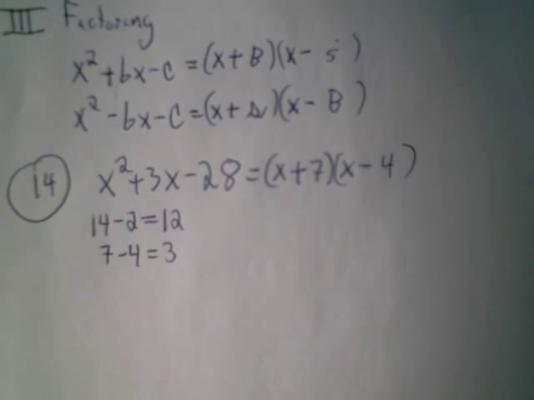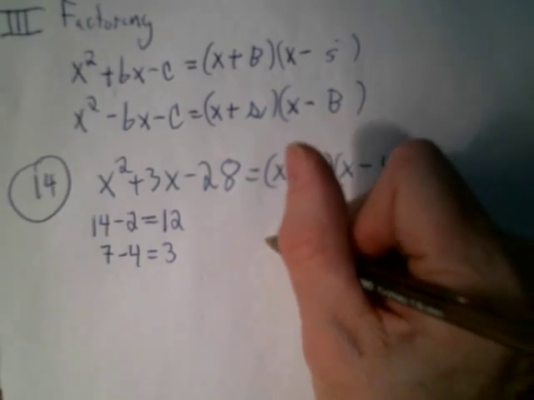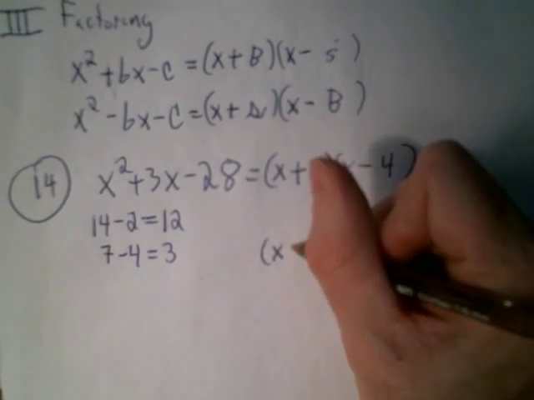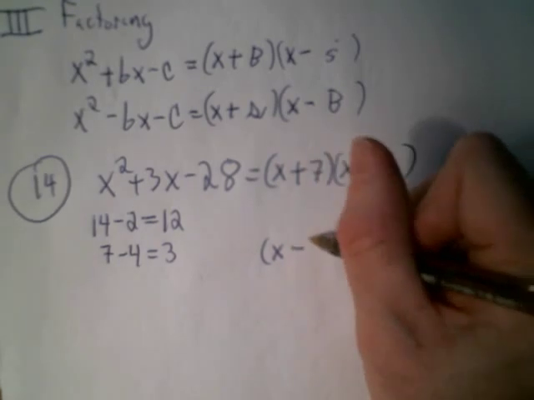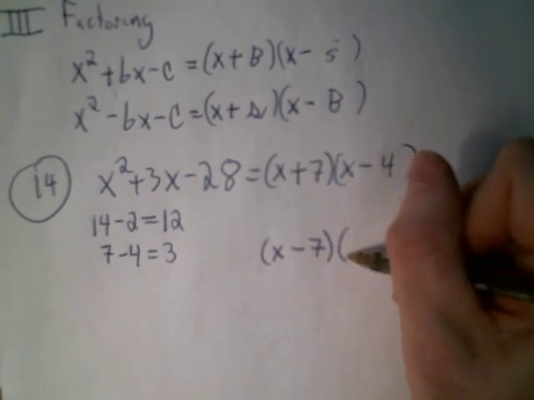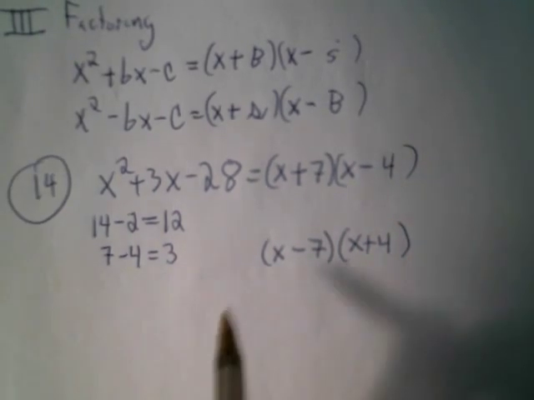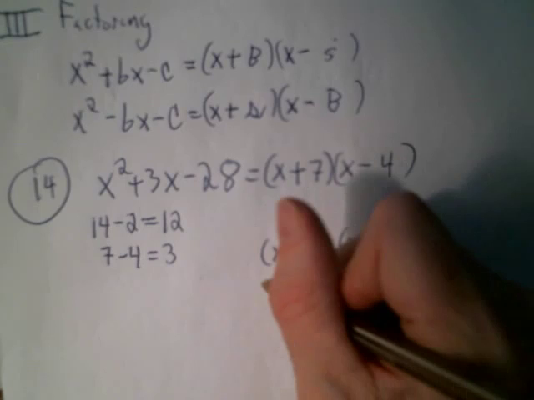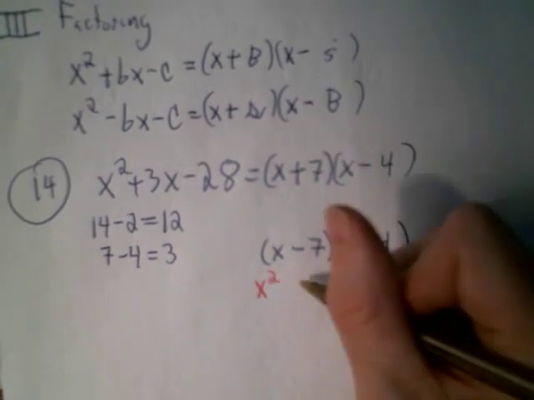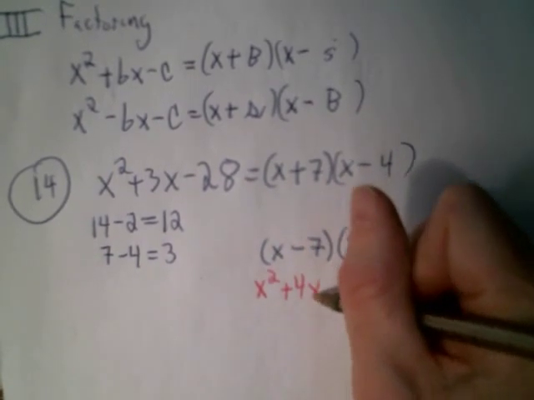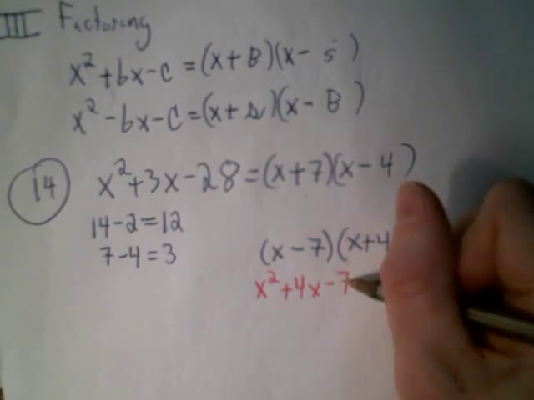The only way around that is to literally just try each in your mind. So let's say I accidentally put x minus 7 and then x plus 4. In my mind, I would factor it and I would say, okay, this is x squared. The outer is plus 4x. The inner is minus 7x.